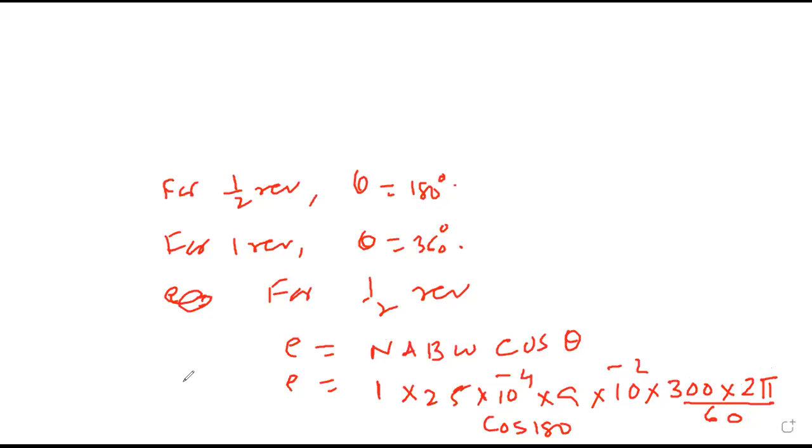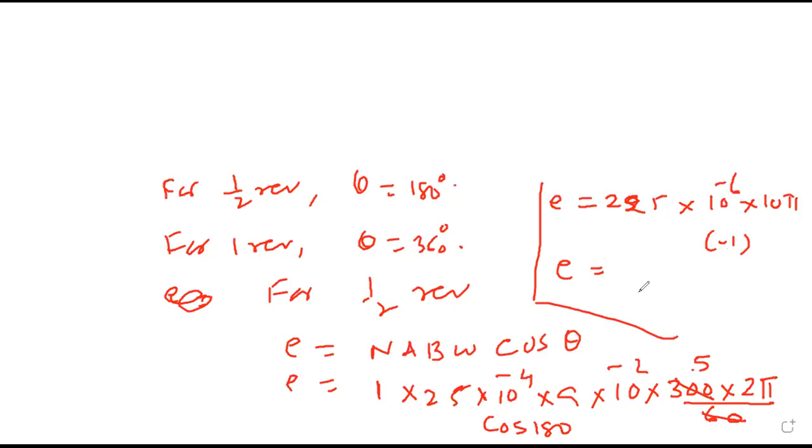So E equals 300 into 2 pi by 60, which is 10 pi. Then 25 into 9 is 225 into 10 raised to minus 6, into 10 pi, into cos 180, which is minus 1. Correct now?